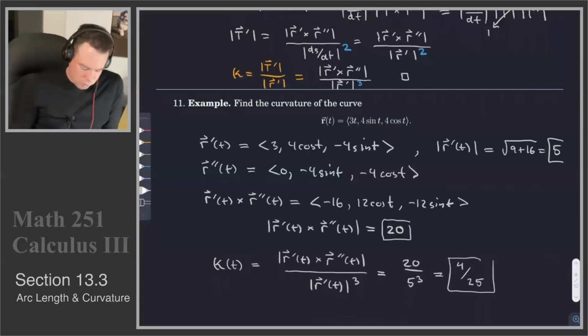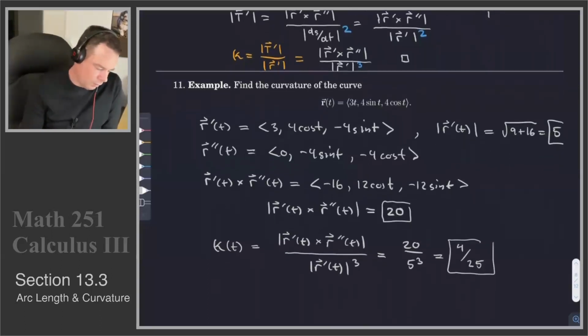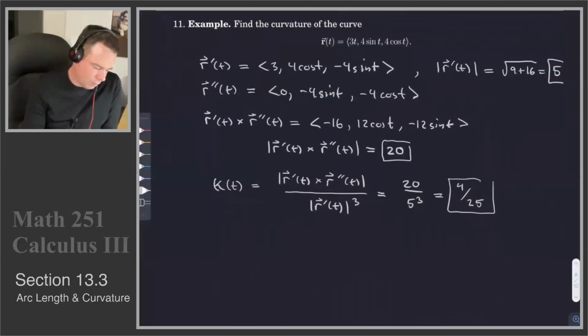So the curvature is 4 over 25. That means it's curving roughly like a circle of radius 25 over 4, the reciprocal of that, so a radius a little bit more than 6. That gives us a feel for how much this curve is bending at that point.